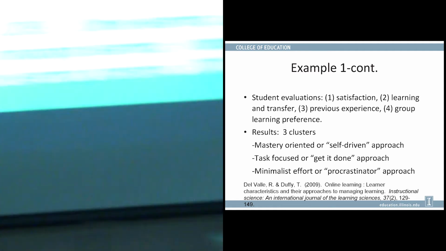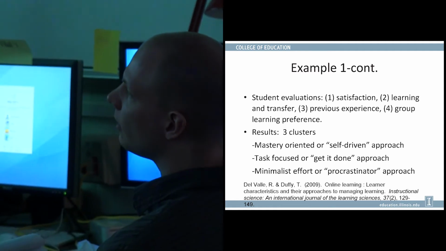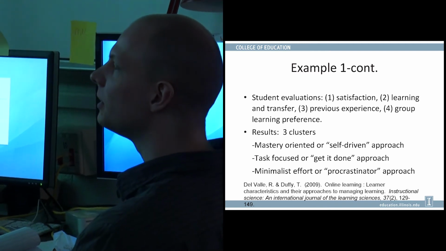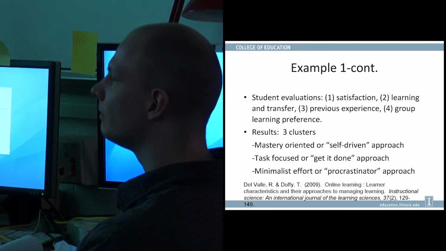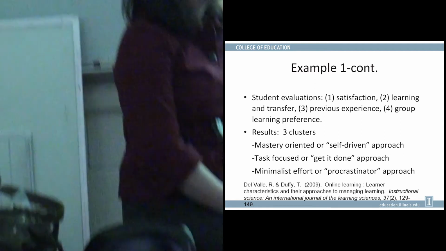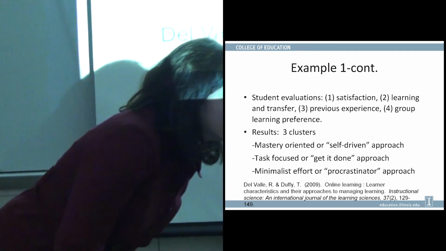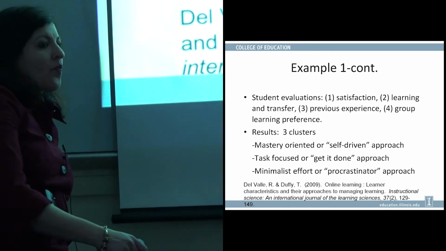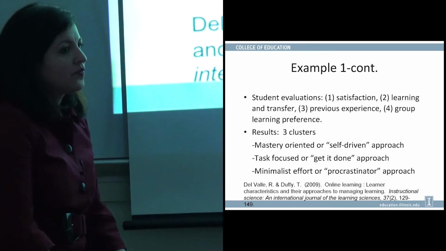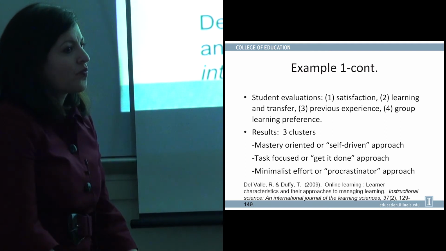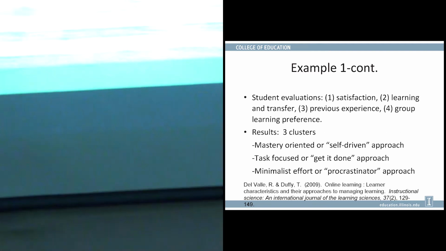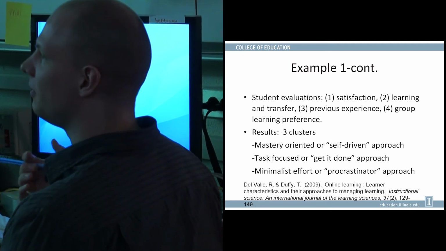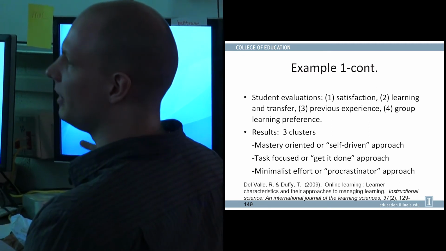The question: do these 3 clusters relate at all to any sort of face-to-face analysis of clusters of students? No, this was just online. Right, but similar studies, I assume, have been done in face-to-face courses, identifying types of students. I'm just curious if you know whether these particular clusters, like mastery-oriented students, which we do see, or procrastinator students, which we do see here, also appear in face-to-face courses.